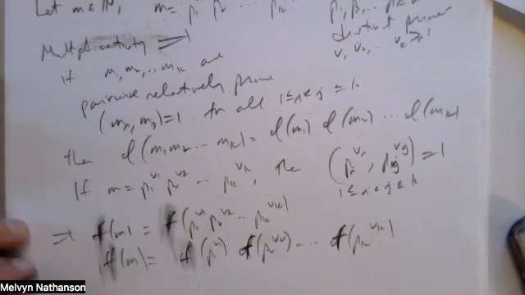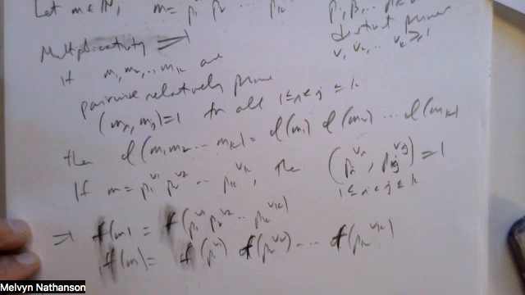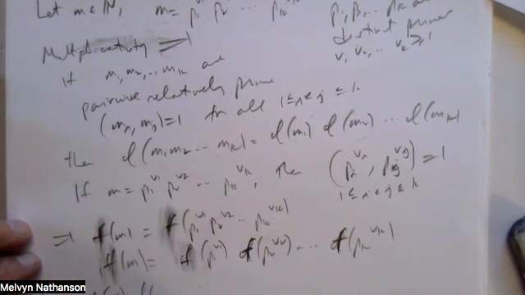So whenever f is a multiplicative function, f of m, when you factor m into a product of primes, which you know you can do by the fundamental theorem of arithmetic, you get this result. And if you apply this to the Euler phi function, once we prove that the Euler phi function is multiplicative, it says that phi of m is phi of p1 to the v1, phi of p2 to the v2, up to phi of pk to the vk.